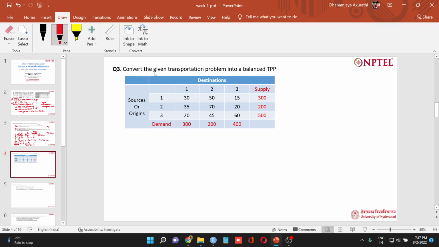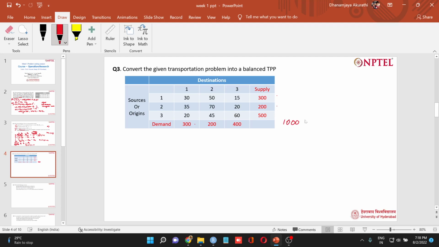So they are asking to convert this into the balanced one. Here the supplies are 300, 200 and 500 at origins 1, 2, 3, and the demands are also given. The sum of supply is 300 plus 200 plus 500, which is 1000.